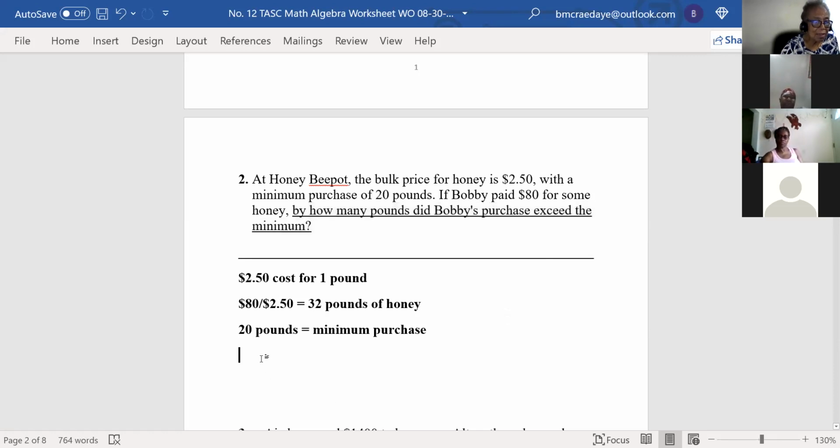I think I would subtract. That's right, Michelle. Excellent. What would you subtract? 20 minus 32. The other way, I'm sorry, 32 minus 20. That's right. 32 minus 20.